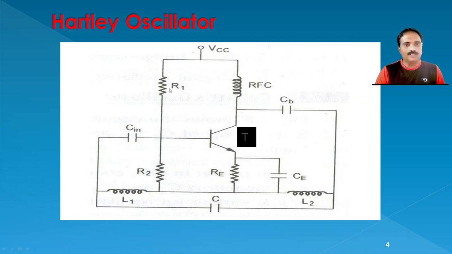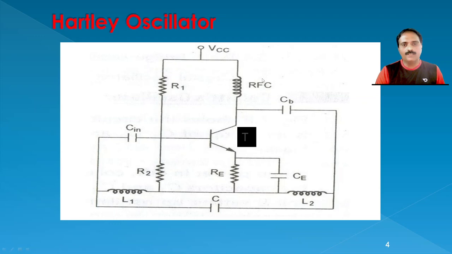All these things, R1, R2 and RE, we have discussed in the previous sessions. The purpose of all these is the same: they form the biasing circuit. CE is the emitter capacitor connected across the resistance RE to reduce the reactance of this overall path, and C input allows only the AC signal and blocks any DC.